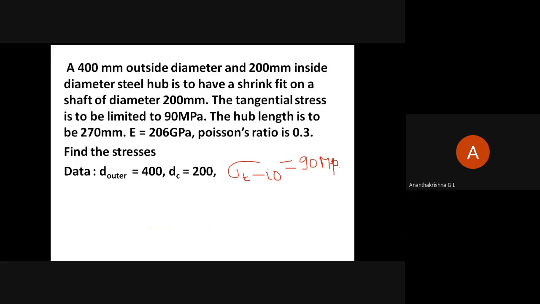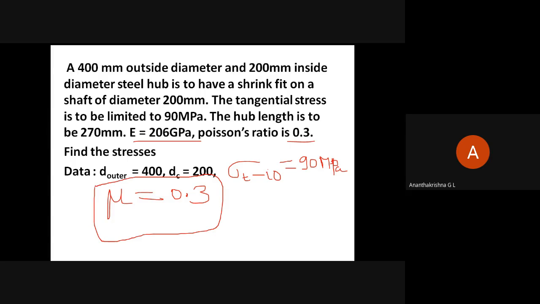You are given the length of the hub, which for the time being is not required, and Young's modulus as 206 GPa. Poisson's ratio, that is the mu in your equation. Do you have Poisson's ratio in your equation? Yes, sir, 7.36. That's correct. So that mu is the Poisson's ratio.